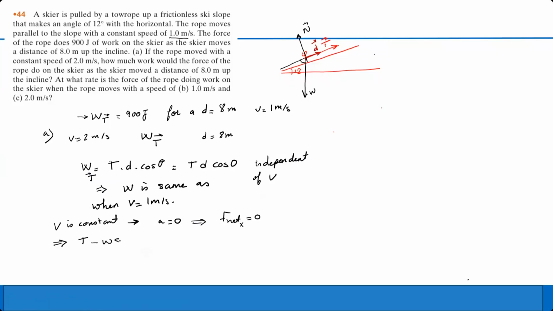This is going to be sine 12, equals 0. Then the tension equals W sine 12, which is also independent of speed, and the same in both situations, because in both situations, the rope is pulled at a constant speed, which means we have some equilibrium. We don't have any accelerated motion.